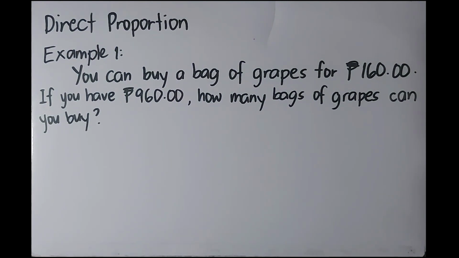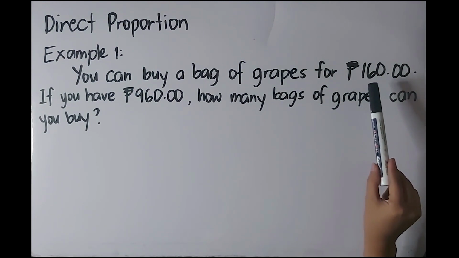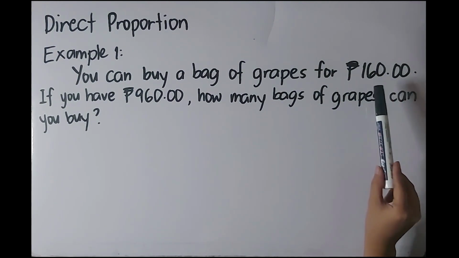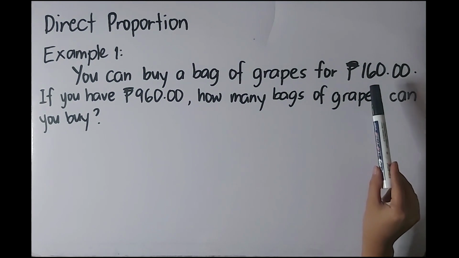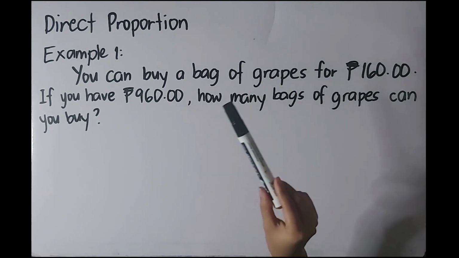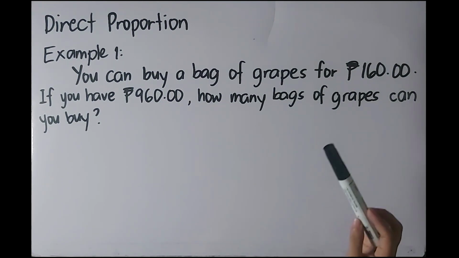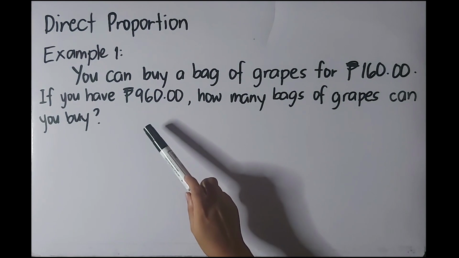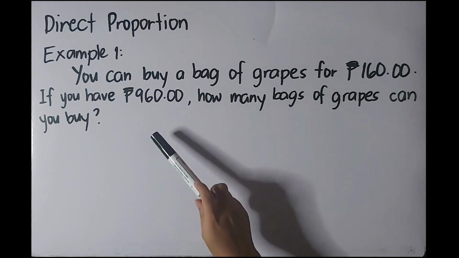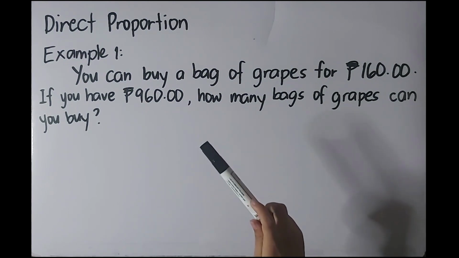How? Because we have here a value which is 160 pesos, which can buy a bag of grapes. And then when we have more money, you can buy more bags of grapes.